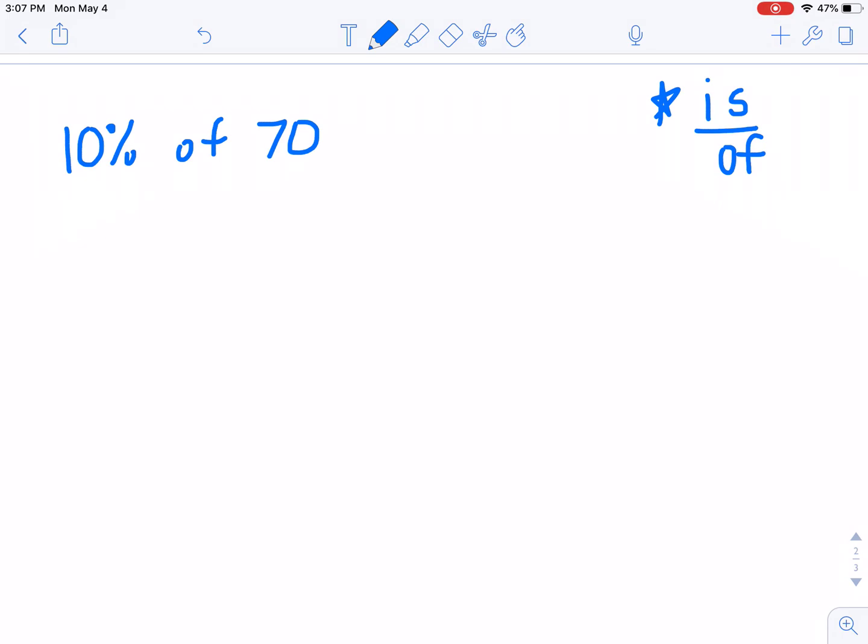But if you remember how we did it the other day, we know how to write a percent as a fraction, right? So that is 10 over 100, always. And we have of 70, and we don't know is. So we're trying to figure that out.